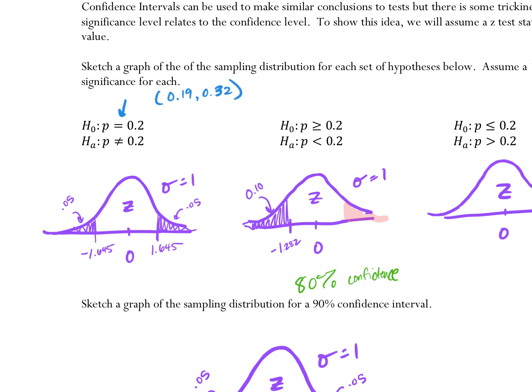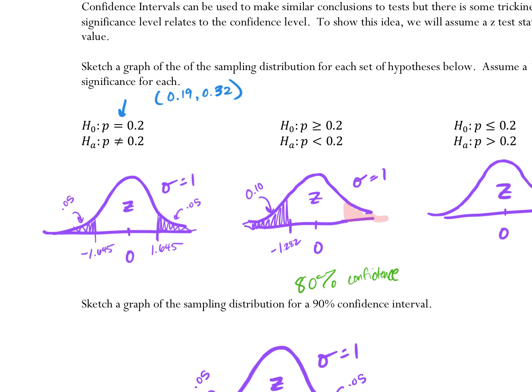If my null value for P is 0.2, it is in that interval, so I can't reject the null. You can make conclusions from confidence intervals about a hypothesis in the same way that you can make a conclusion about a test.